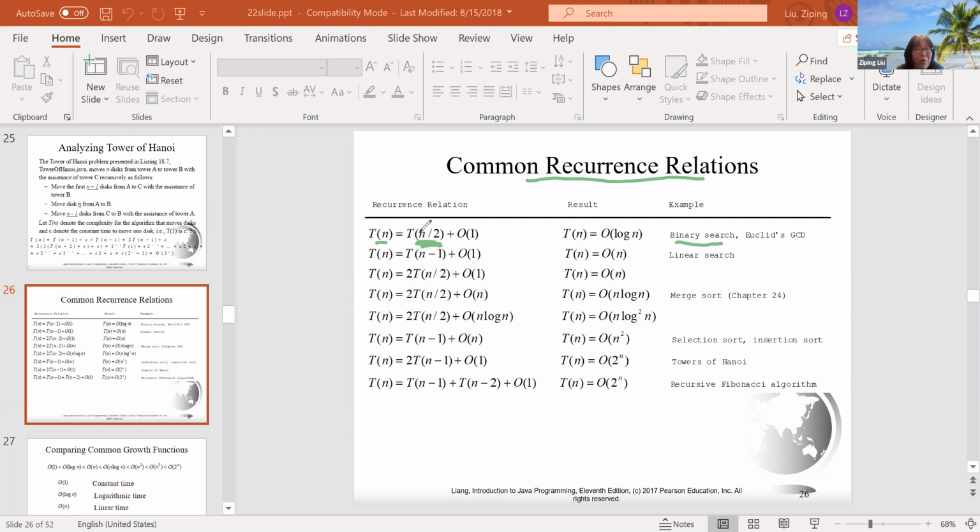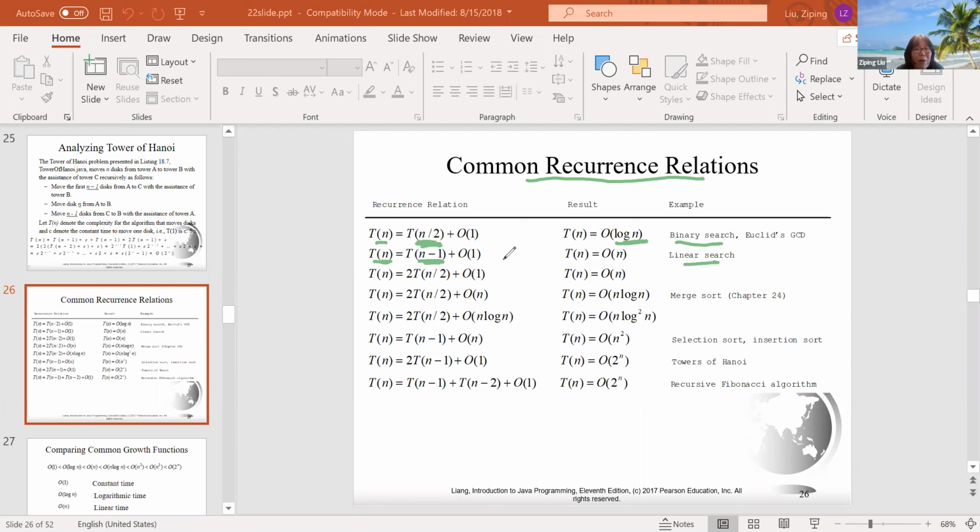In this case, it's log 2n. We also see power, which is decomposed to n minus 1.